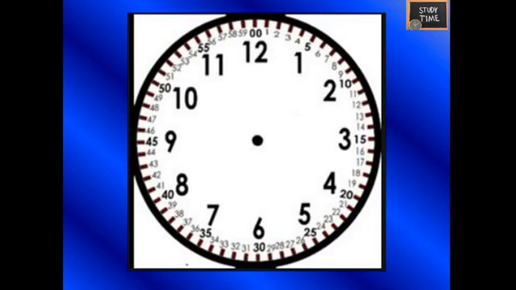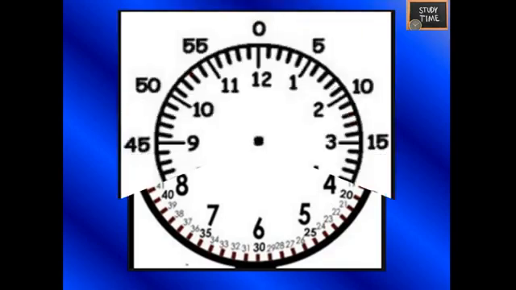I have given the seconds lines. So between 12 and 1, you have 1, 2, 3, 4 lines. So whenever you tell the minutes, it can be 5, 10, 15, 20, 25, 30, 35, 40, 45, 50, 55. So this is how you should imagine yourself when you see the clock.